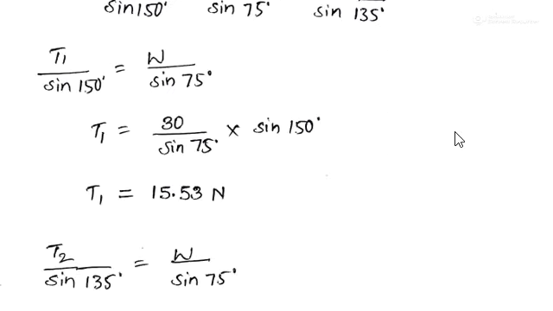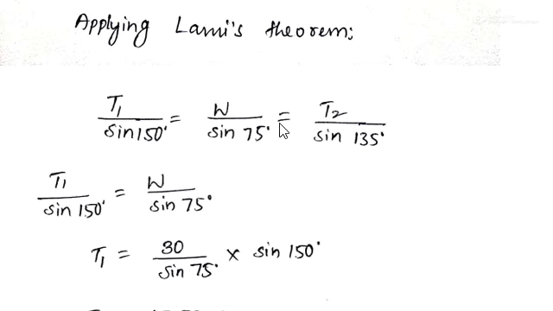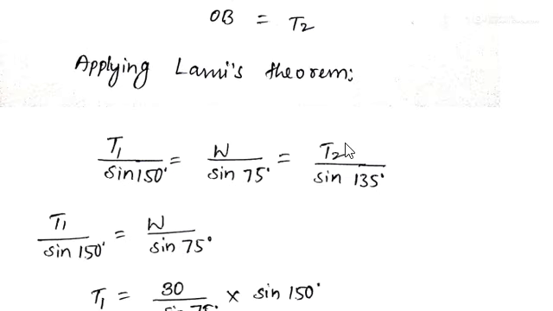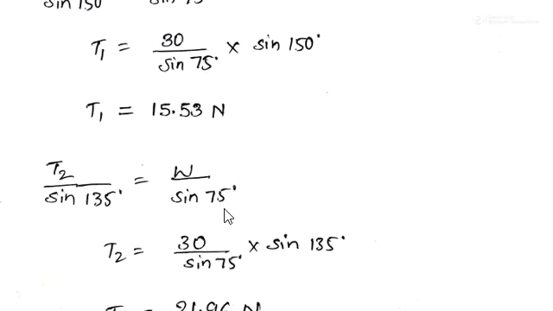Next we have to find out T2. To find T2, just consider the second and third terms. T2 by sine 135 equals W by sine 75.